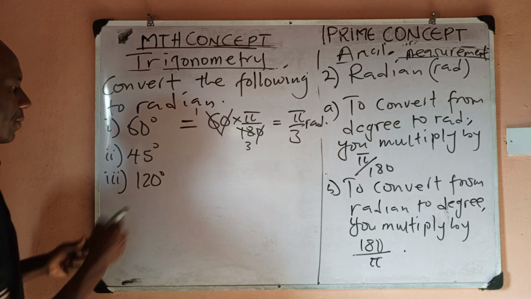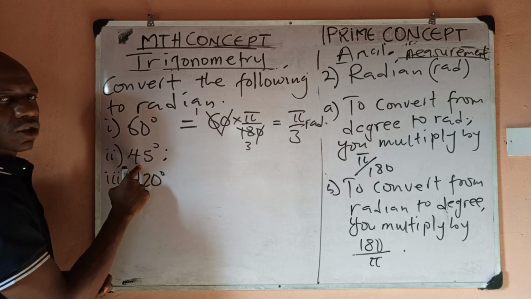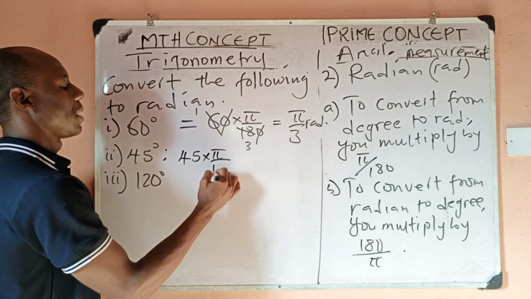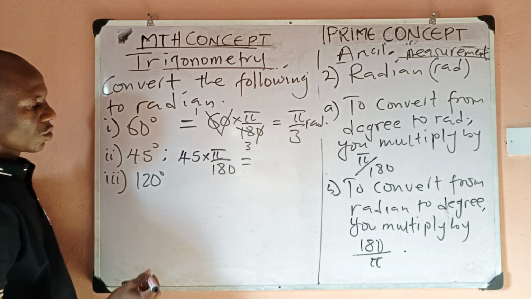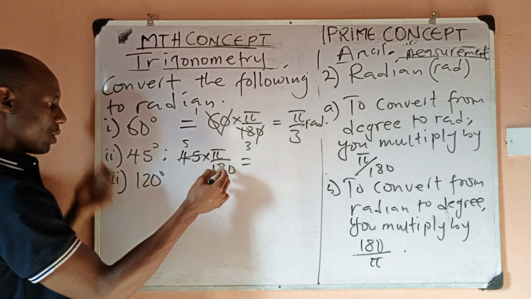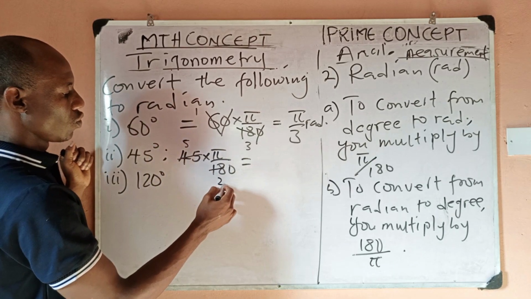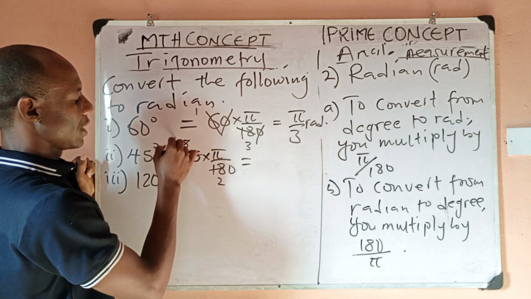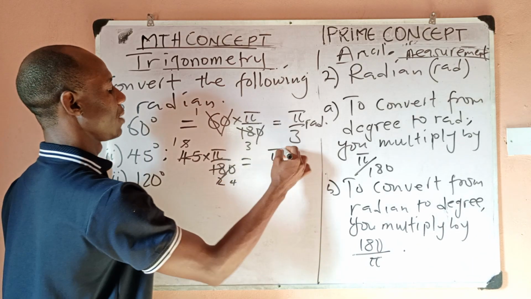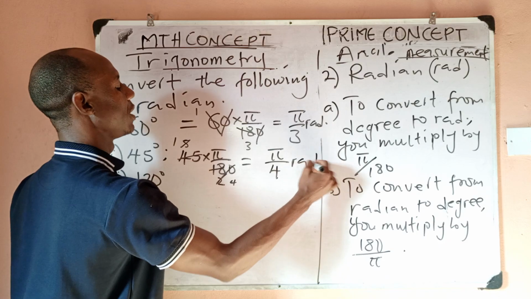Similarly, to solve for 45 degrees, I have 45 times pi by 180, so that when 9 goes here to give us 5, when 9 goes there to give us 2, so I have 5 here is 1, 5 in 20 is 4. So this is actually pi over 4 radian.